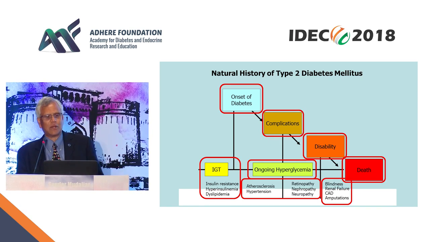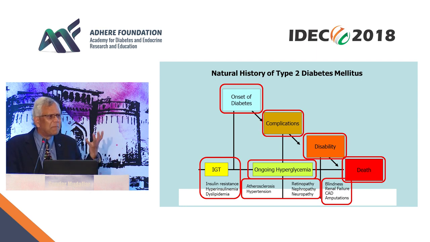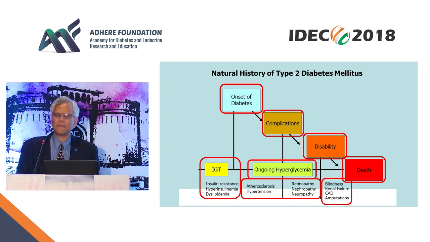Blood sugar starts to climb, and various complications can develop, macrovascular, microvascular. They cause a lot of disability in the form of blindness, renal failure, amputation, CVD, ultimately premature cardiovascular death. As we all know, it has been estimated that about 5 to 8 years of your life is reduced with diabetes.